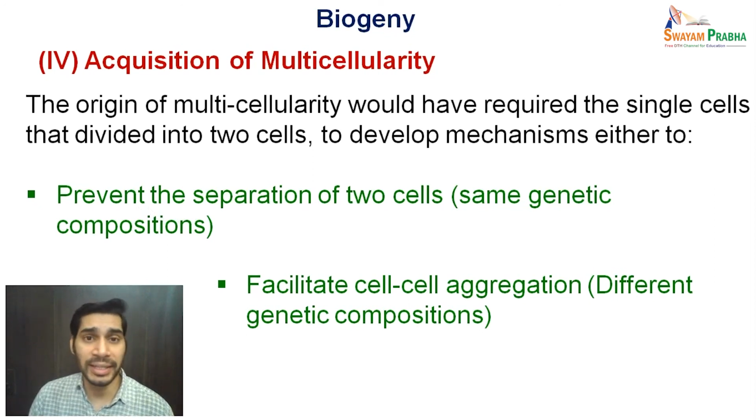Another possibility is facilitation of cell-to-cell aggregation. That means a number of single cells aggregate with each other to form the multicellular organism. But in this case, unlike the previous one, cells of different genetic composition get attached with each other and give rise to multicellular organisms. So these are two possibilities which could have led to the formation of multicellular organisms.